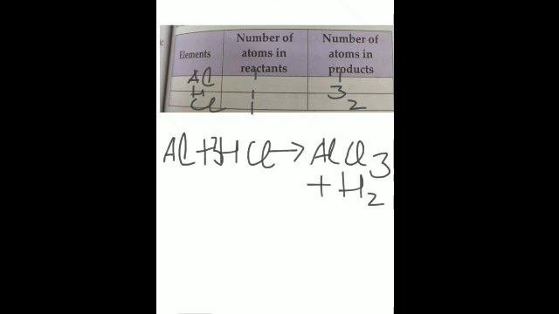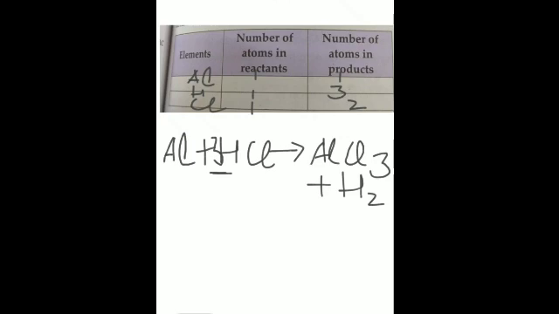So we multiply HCl by 2, that is 6 HCl. This becomes 2 into 3 HCl. Is that clear?